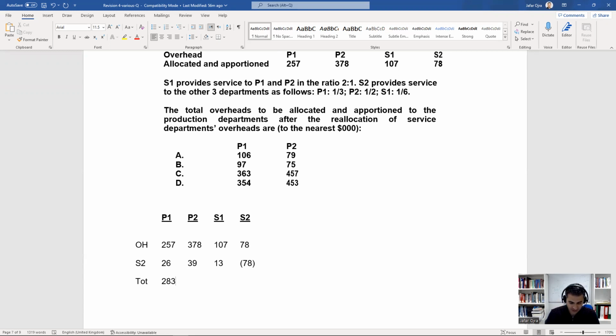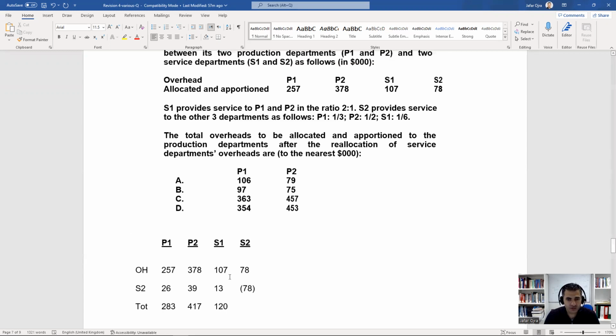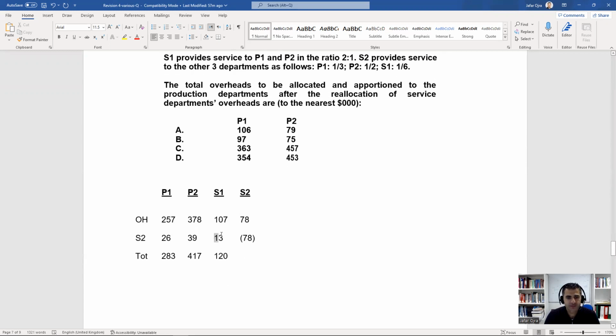P2, 378 plus 39, 417. And S1, 107 plus 13, that's 120. So that is the total so far.